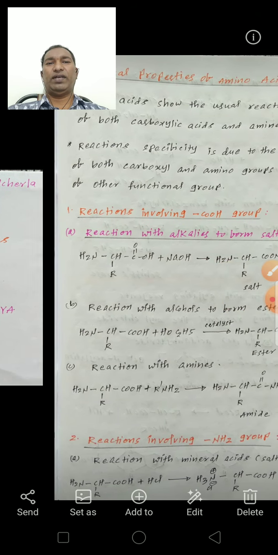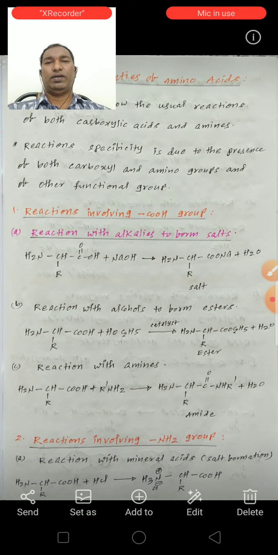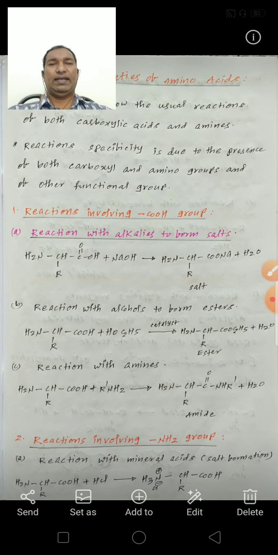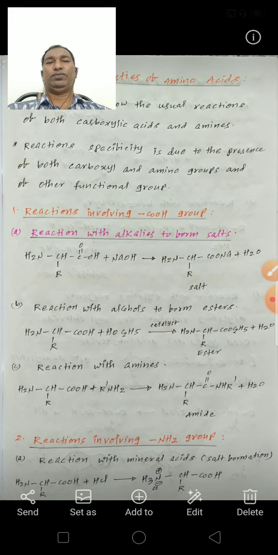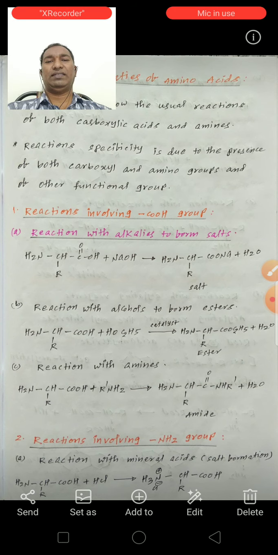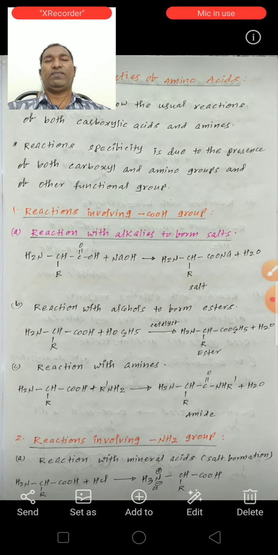Amino acids show the usual reactions of both carboxylic acids and amines. The reaction specificity is due to the presence of both carboxyl and amino groups and of the other functional group.